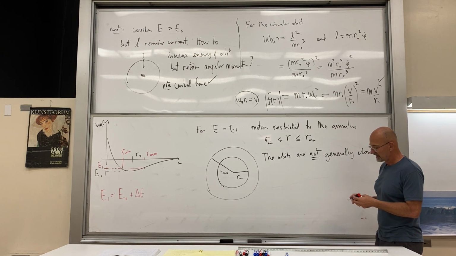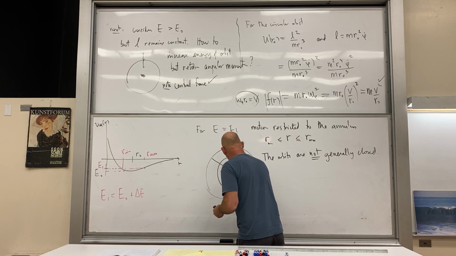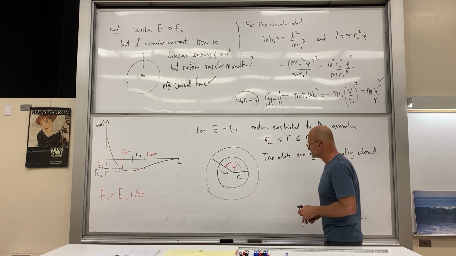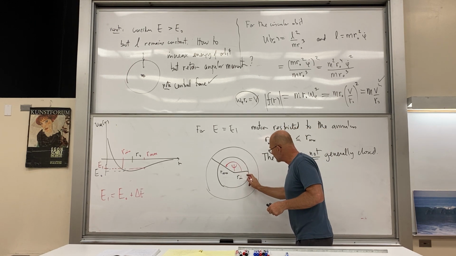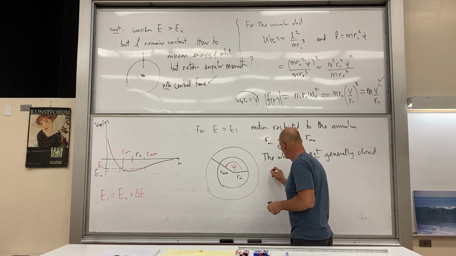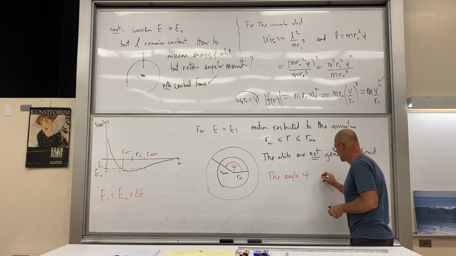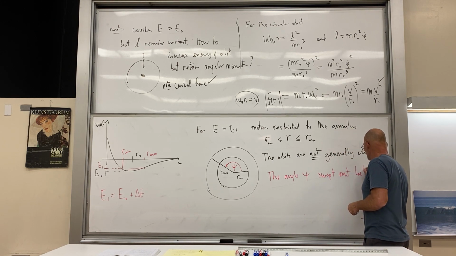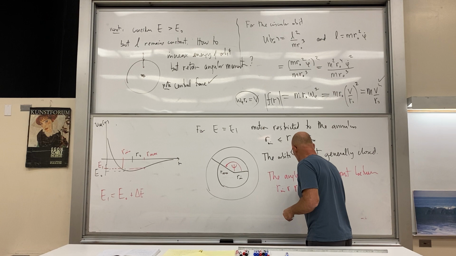Not generally closed, and it becomes interesting to find out what is the angle swept out every time you go from R min to R max. So psi is the angle that's swept out between R min and R max.